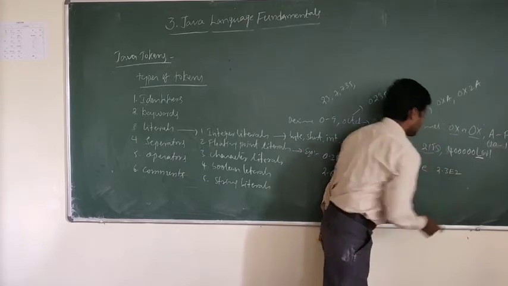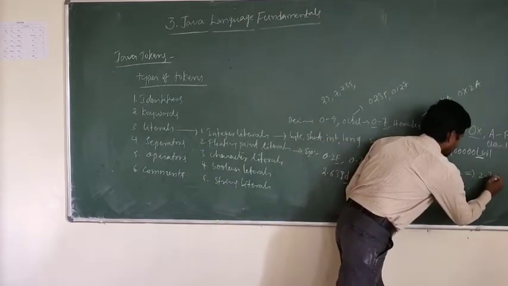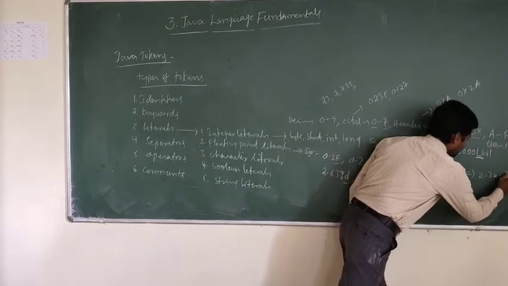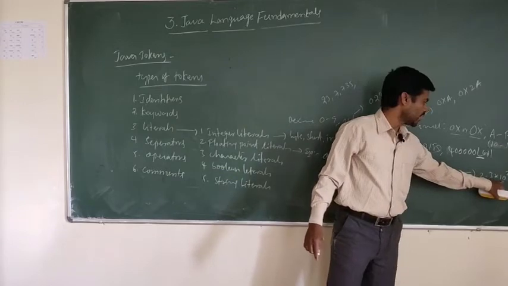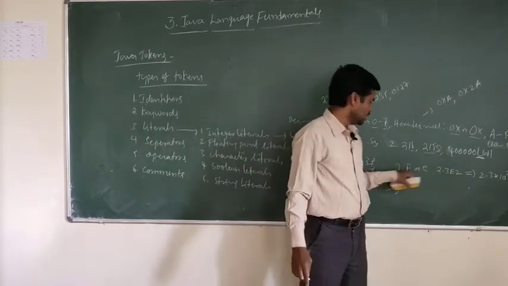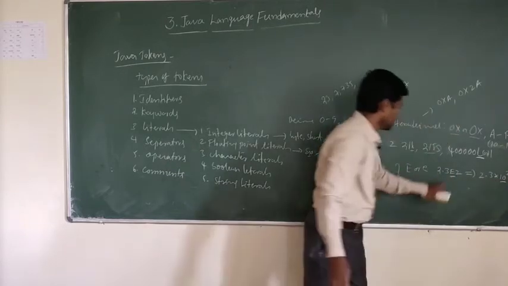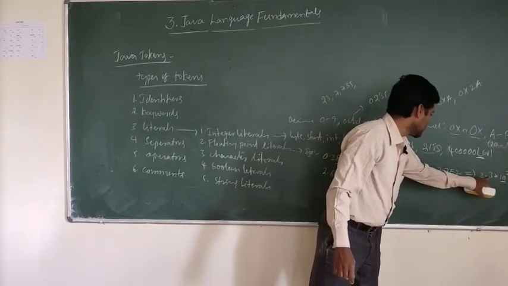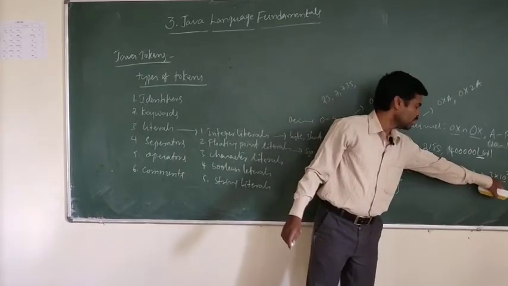That means we can write this as 2.3 into 10 to the power of 2. Exponential you can define with the exponent of 10. E means exponent of 10.